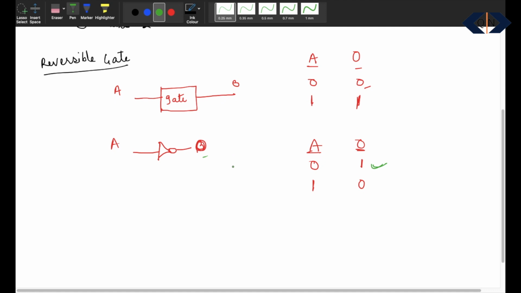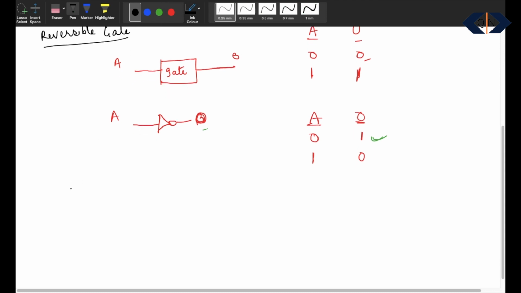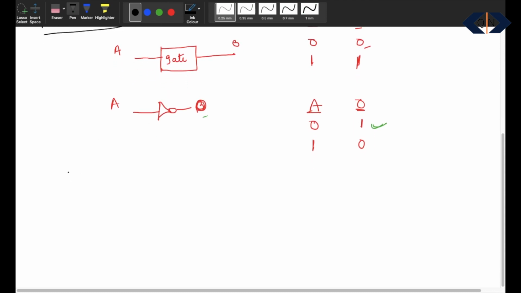Now let's look at irreversible gate. We can easily understand from above what is reversible.